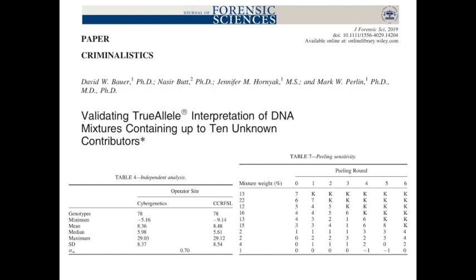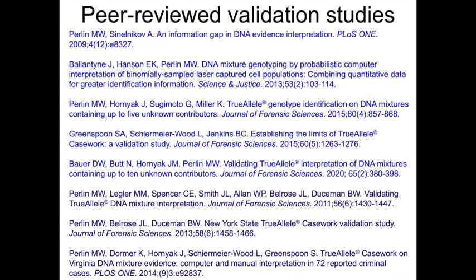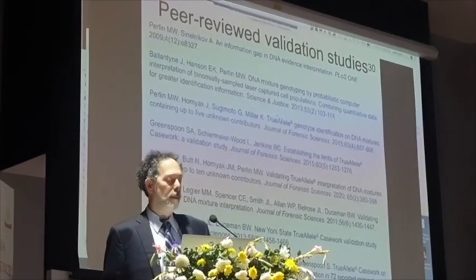And what it basically shows is TrueAllele has been validated and published up to 10 unknown contributors. It doesn't consider 2 or 3 to be difficult, nor 5, nor 7. The computer solves it for you. It's a mixture calculator that will give you answers. This is a listing of the 8 peer-reviewed studies starting in 2009.